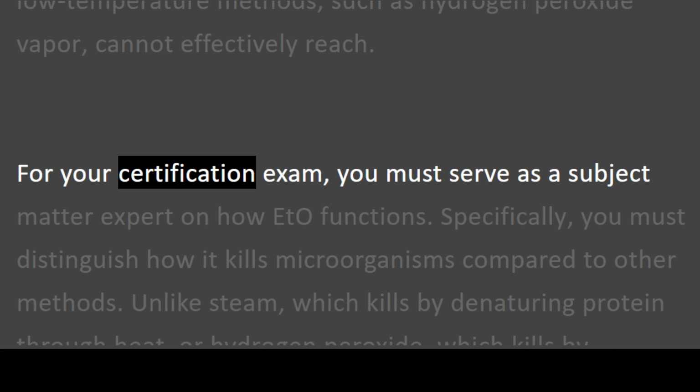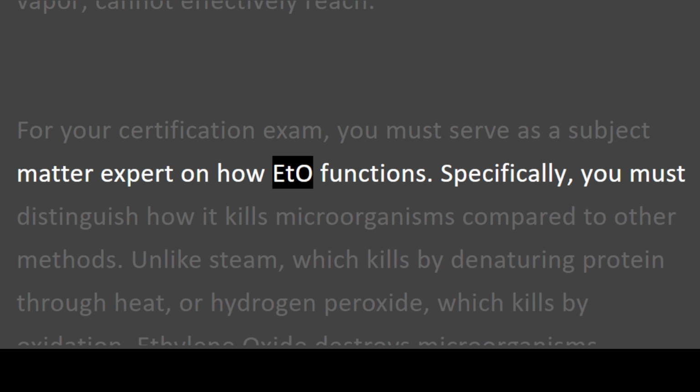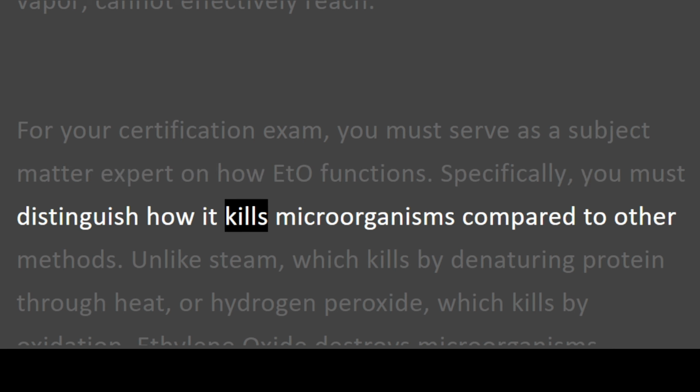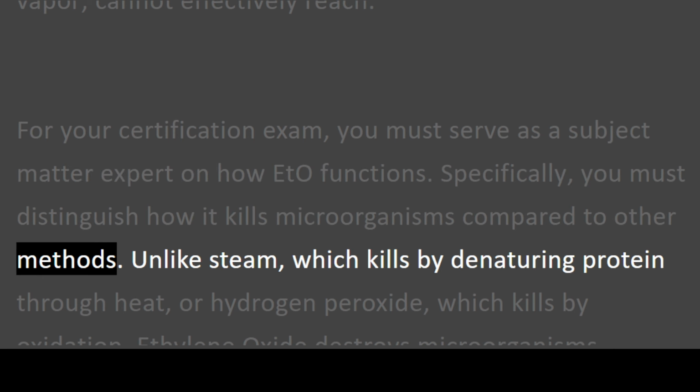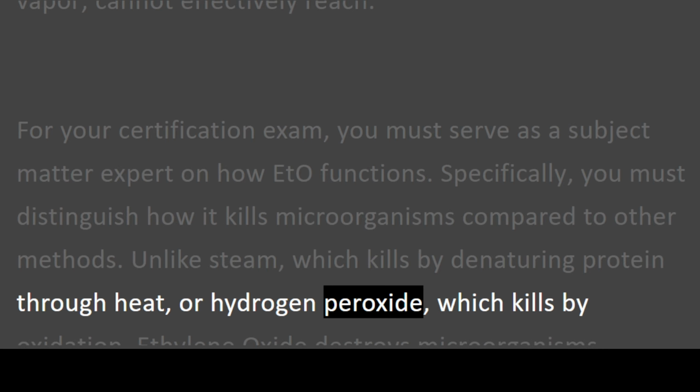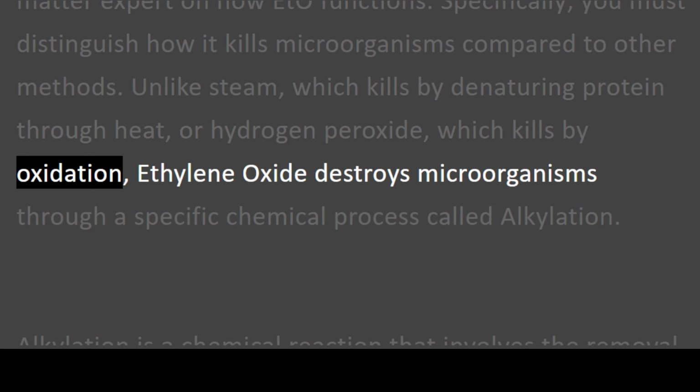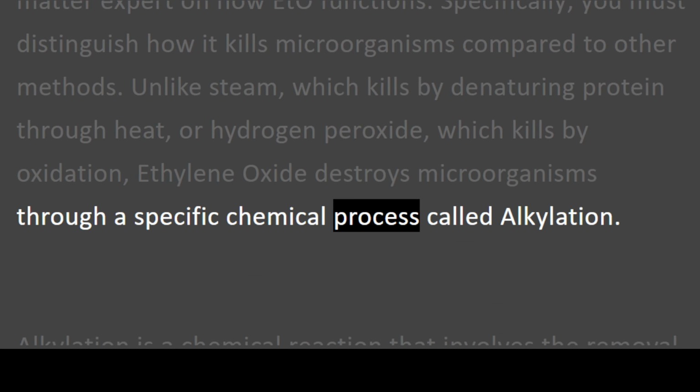For your certification exam, you must serve as a subject matter expert on how ETO functions. Specifically, you must distinguish how it kills microorganisms compared to other methods. Unlike steam, which kills by denaturing protein through heat, or hydrogen peroxide, which kills by oxidation, ethylene oxide destroys microorganisms through a specific chemical process called alkylation.